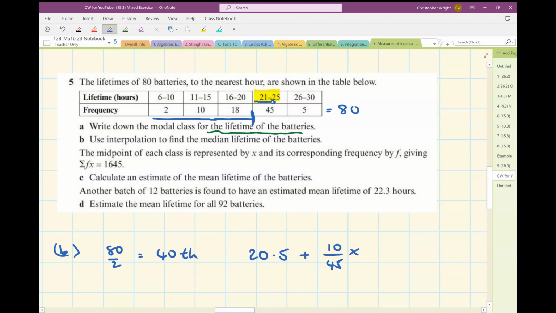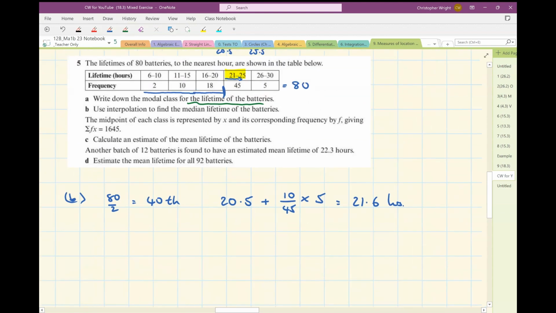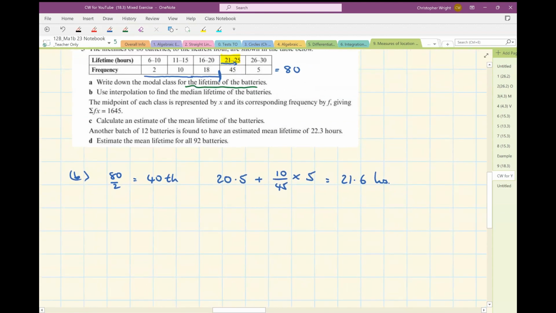And how wide is that class? Well, it goes from 20.5 all the way to 25.5, so it has a width of 5. So that expression will give me the median lifetime of the batteries. That'll give me the lifetime of the 40th battery, and that gives me an answer of 21.6 hours.